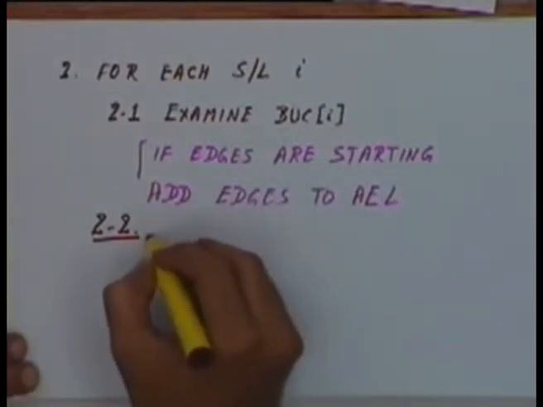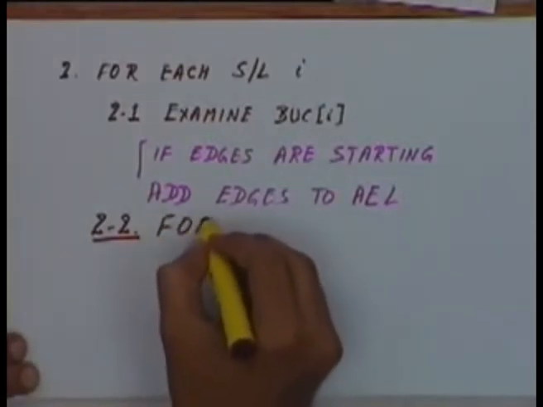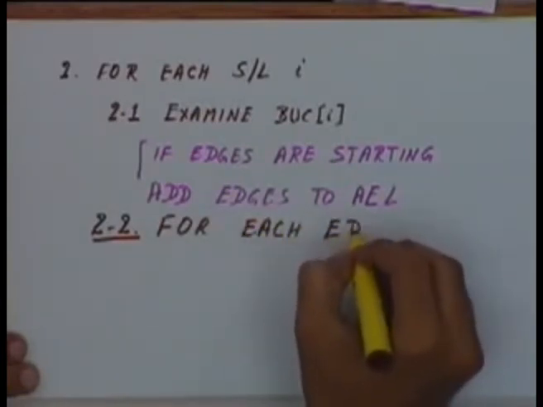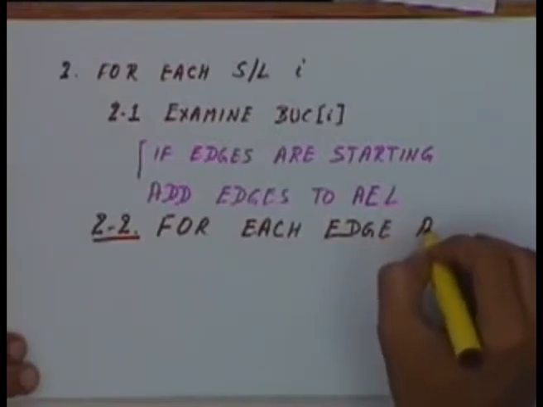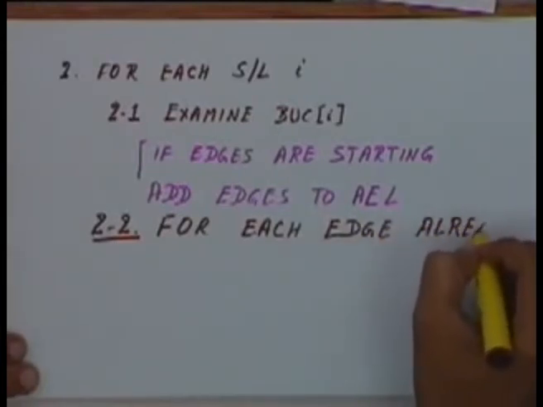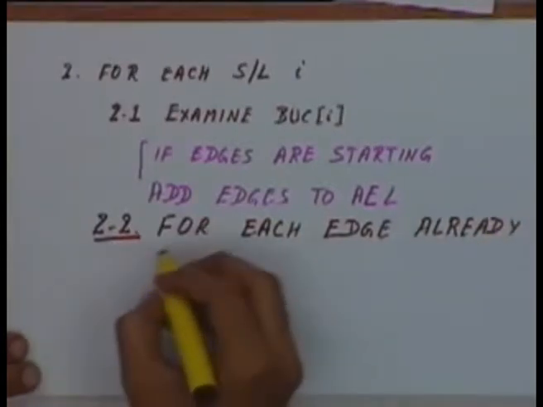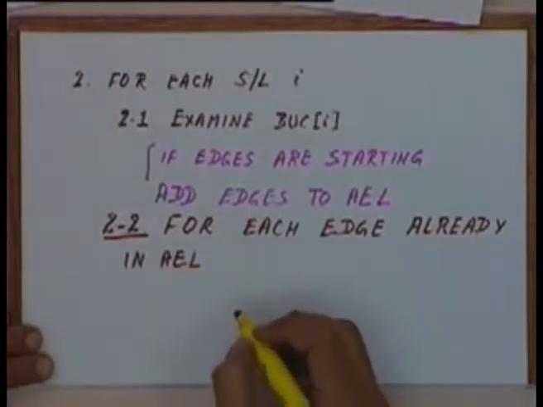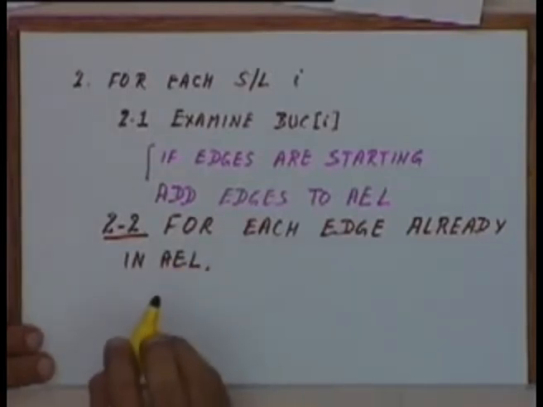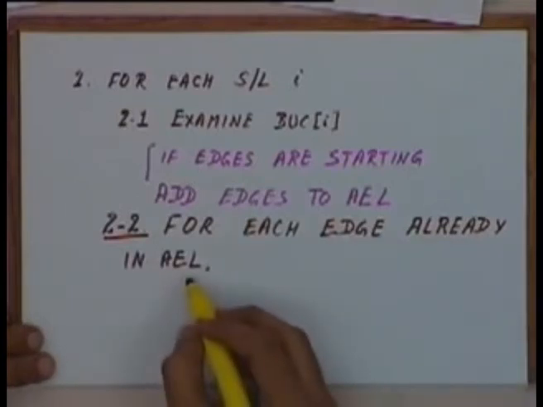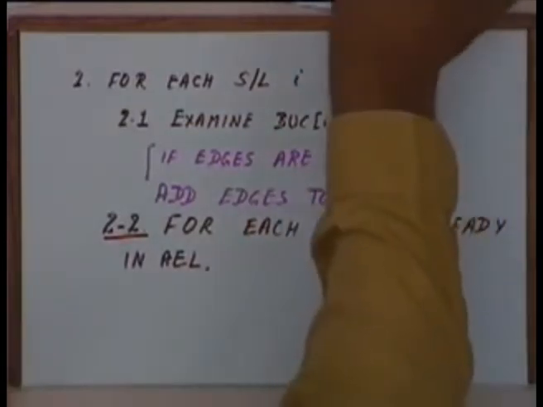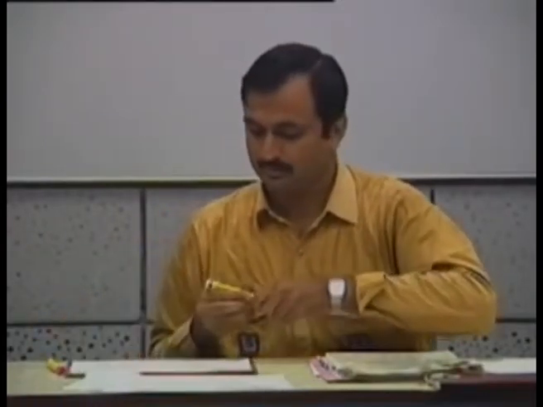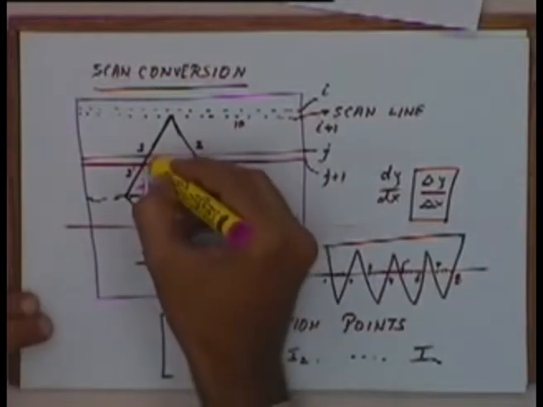Then, for each edge which is already in the active edge list, what should we be doing? These are edges like this edge and this edge.